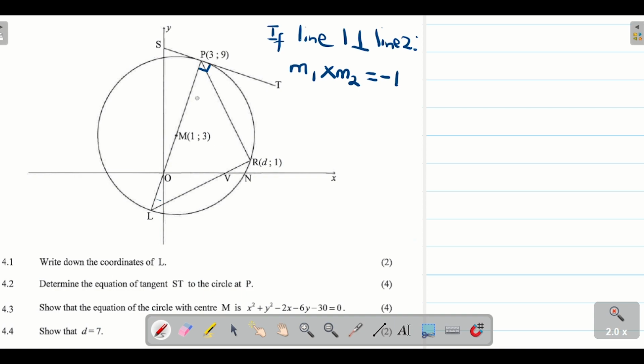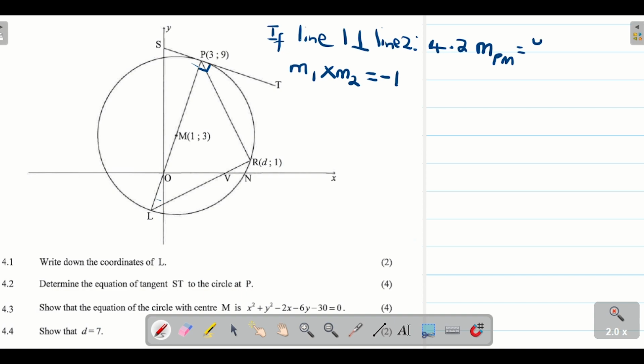This means that we can focus now on line PM, which is the radius. Because we have 2 points on line PM, we can find the gradient of line PM.